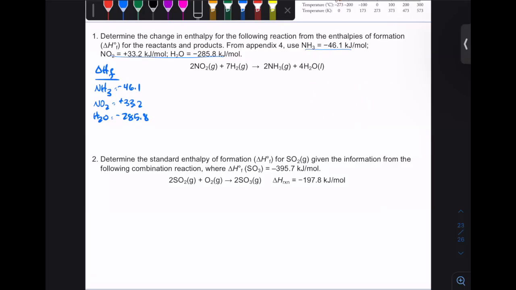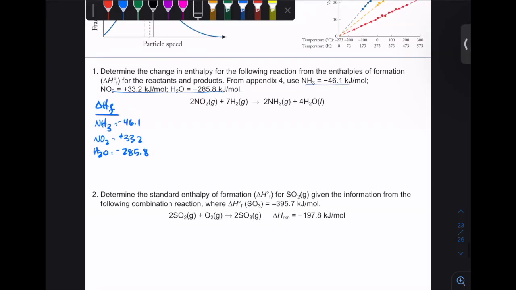Products minus reactants. So remember, this is delta H of formation, and that's the last thing that we did. When you have formation reactions, you can use those enthalpies of formation and do the sum of the products and then minus the sum of the reactants, and that will total up to give you what the delta H of the reaction is. That's that crazy looking equation with the sigmas in it that we did last time. So let's write out the equation we're using.